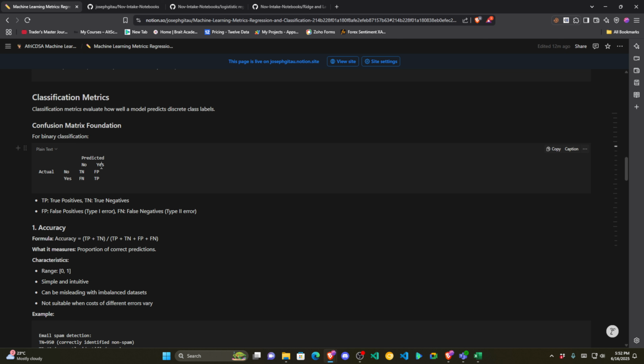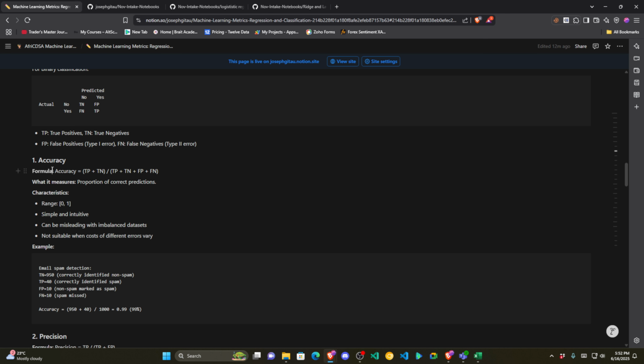And lastly, when it's yes for predicted and yes for actual, that's what we call a true positive. So TP is true positive, TN is true negative, FP is false positive, what we call the type 1 error, and FN is false negative, what we call the type 2 error. This is related to hypothesis testing, just as I had informed you. So once our model has generated these, what can we do next?